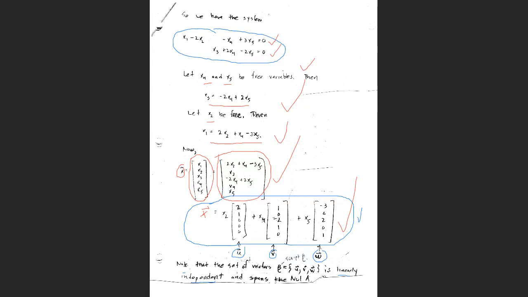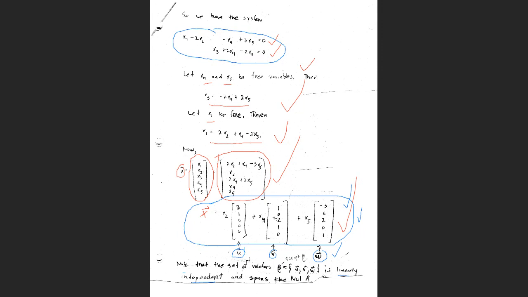That's true whenever you get your augmented matrix in reduced echelon form when you're looking for the null space, and you write your solution vector in parametric vector form. The vectors that you generate in parametric vector form, in this case u, v, w, those vectors generate the null space. They're linearly independent.